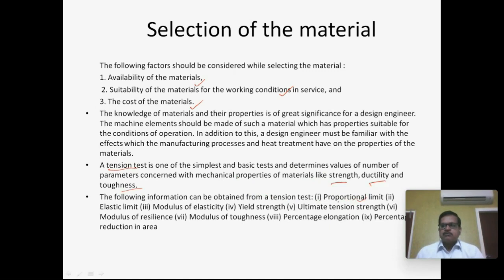First one, the proportionality limit, and second one, the elastic limit, and third, the modulus of elasticity, next yield strength, ultimate tensile strength, modulus of resilience, modulus of toughness, percentage elongation, and percentage reduction in area. So these are the various parameters which can be obtained from the simple tension test.